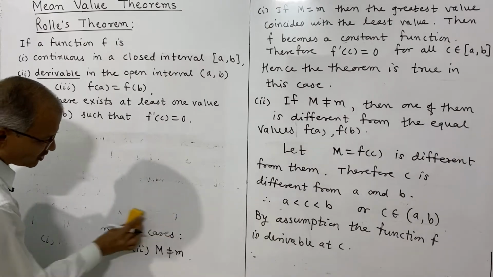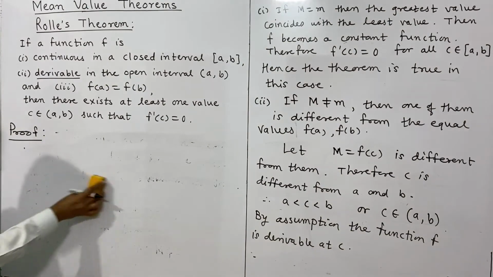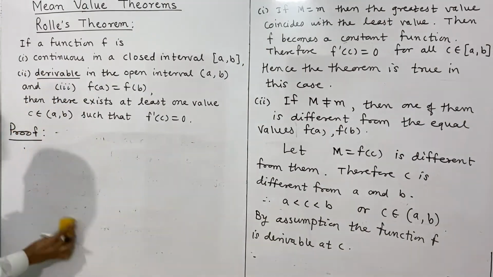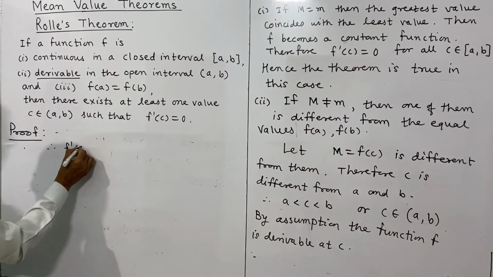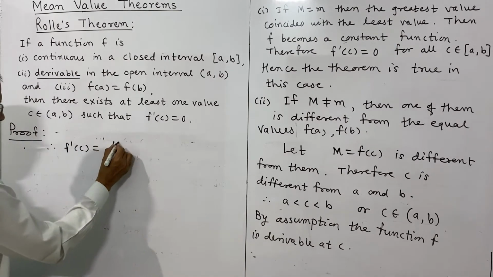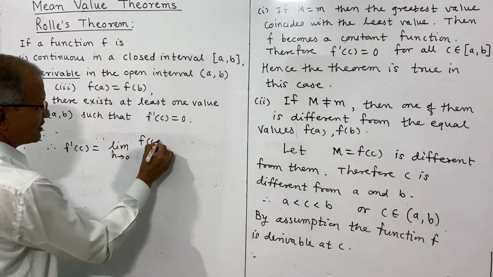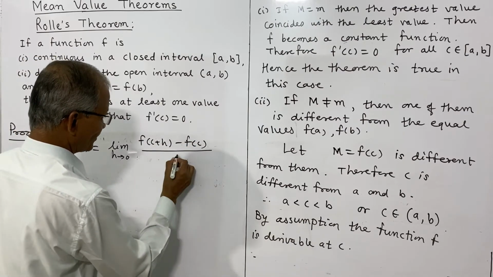And what is the definition of f dash c? We have seen earlier in the chapter of differentiation the definition of the derivative of f at c. So f dash of c is equal to limit h tends to 0 of f of c plus h minus f of c, divided by h.